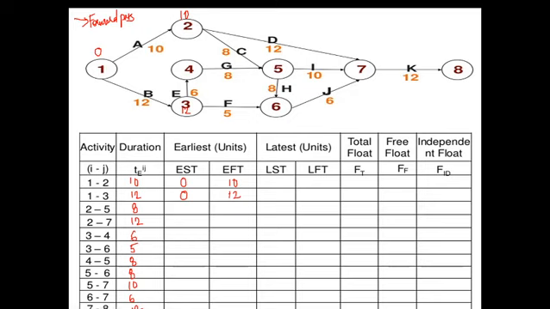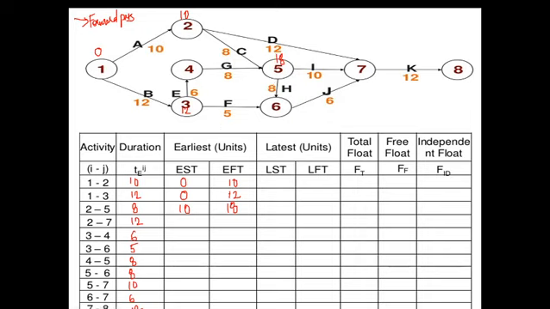Clear. Next activity is 2 to 5. The earliest start time of activity 2 is 10. The duration is 8 days. 10 plus 8 becomes 18, so we write 18 over here.